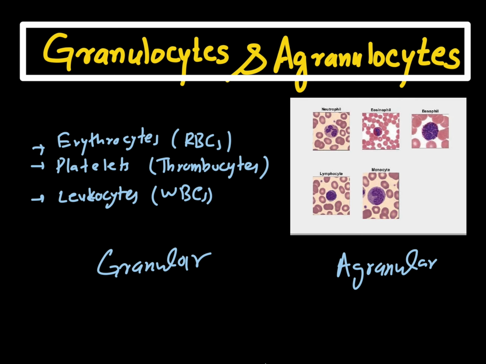They already have preformed substances in their granules. Whenever a pathogen comes, they will immediately release the toxic substances. Degranulation will occur. These granules contain enzymes or toxic substances, and they will help destroy the pathogen.